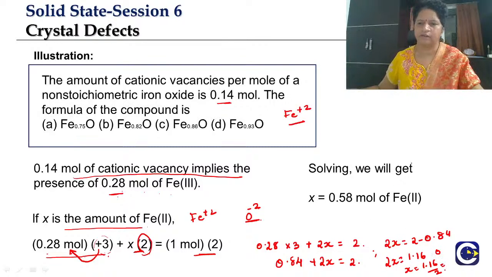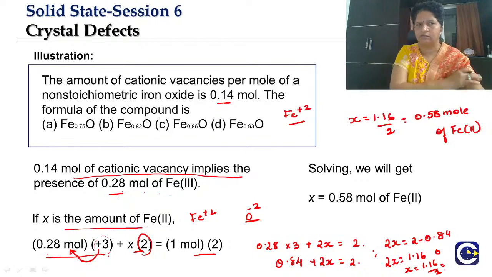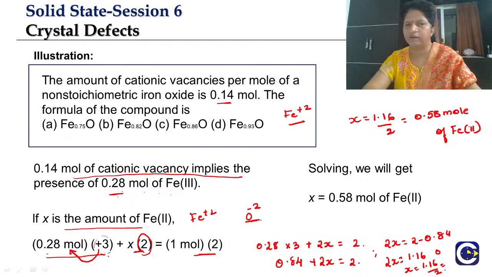Okay, let me write it here. X is equal to 1.16 by 2. It will be equal to 0.58 moles of iron. When I was talking about non-stoichiometric defects, some of the ions will change to a different oxidation state.